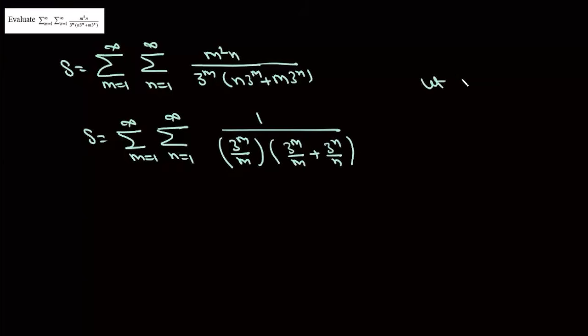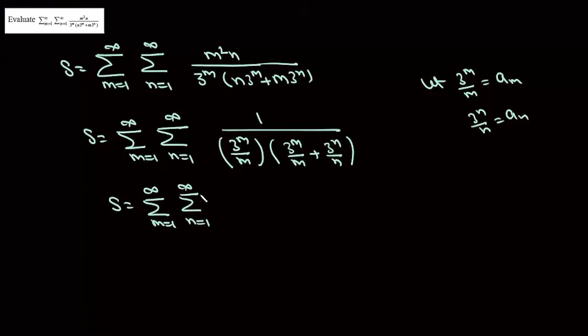Now let 3 to the power m by m be a_m, and 3 to the power n by n be a_n. So we can write this sum as summation m varies from 1 to infinite, n varies from 1 to infinite, 1 upon a_m, and this is a_m plus a_n.